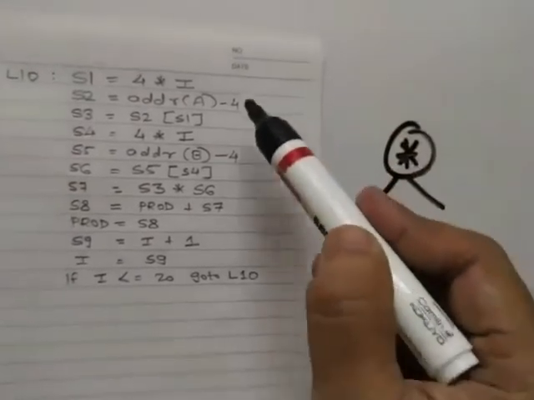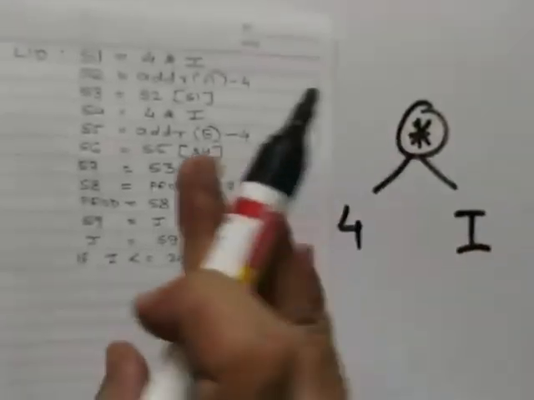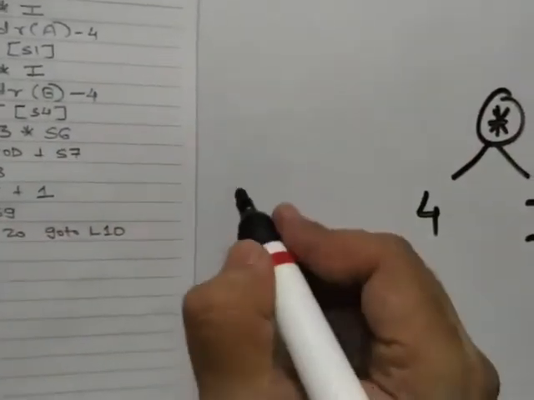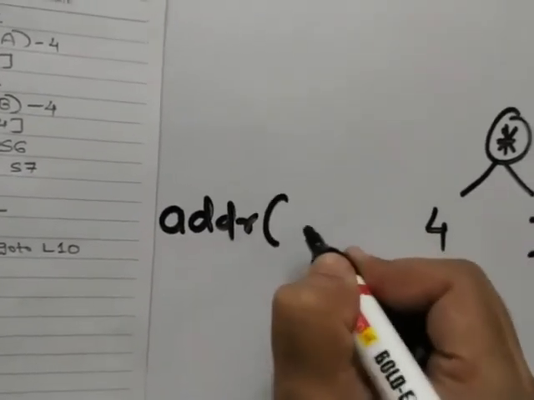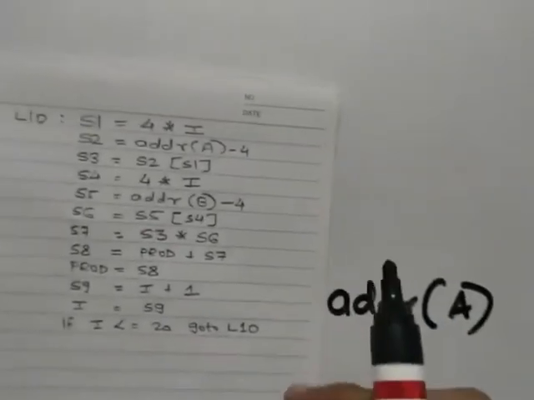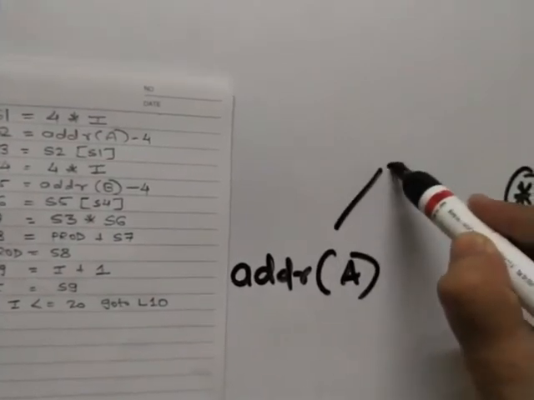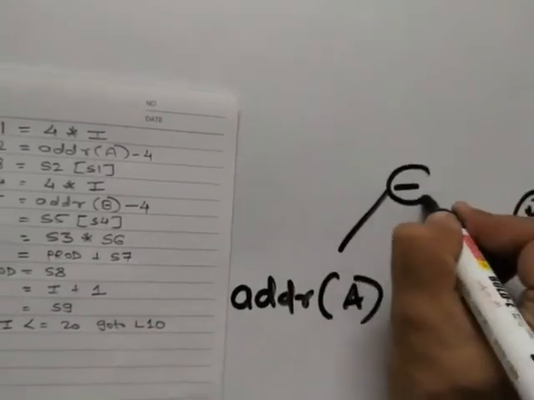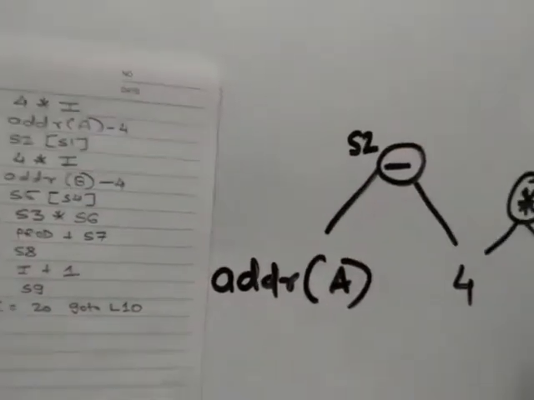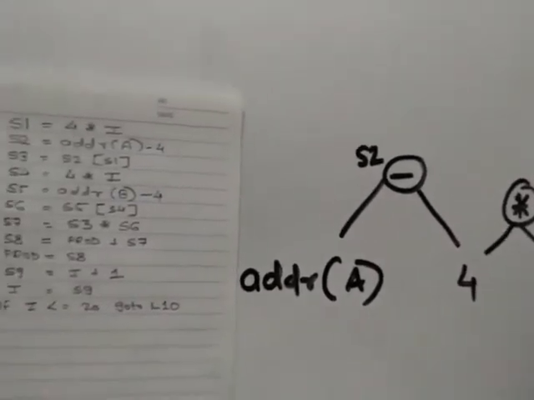This 4 is already there, so we simply have to create the address of A node. So I'll create the address of A node, and address of A minus 4, and this will be called S2. First we created 4 into I, which is nothing but S1. So S1 and S2 are over.